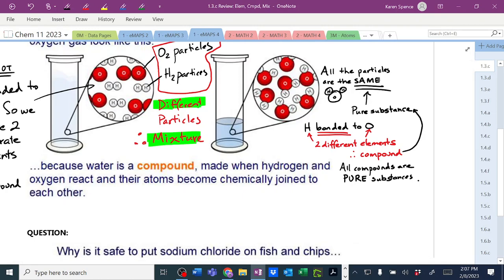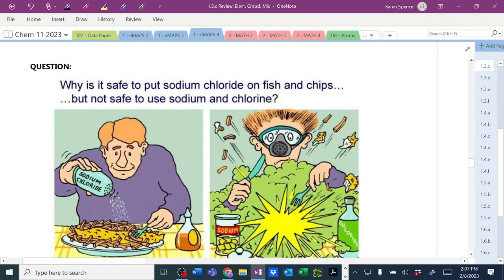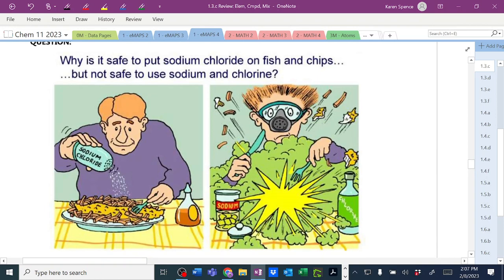Now, comparing elements and compounds and mixtures and compounds, it is safe to put sodium chloride on your fish and chips, okay? Just gives it a nice little punch of flavor, but it would not be safe to use sodium and chlorine.